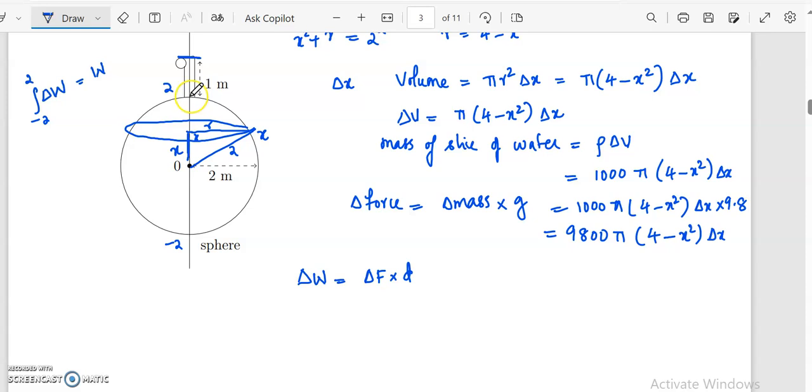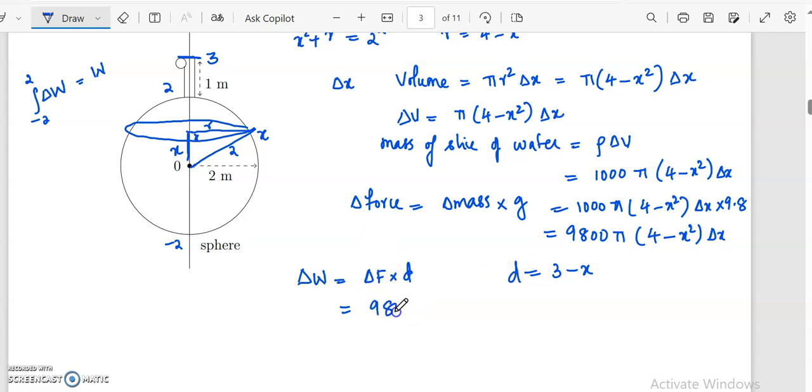The sphere is up to 2, then we have 1 more meter again, so there is a total of 3 meters. So from x the water must go up to 3, then from there it will go out. So d will be equal to 3 minus x, so we'll get delta W equal to delta F into d.